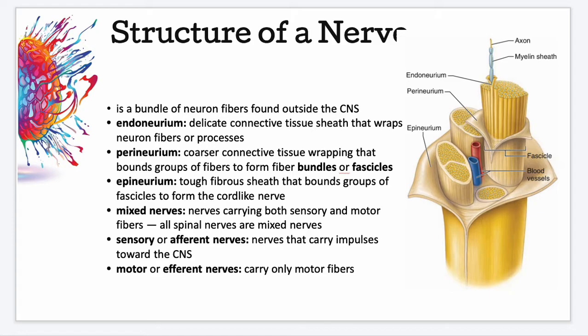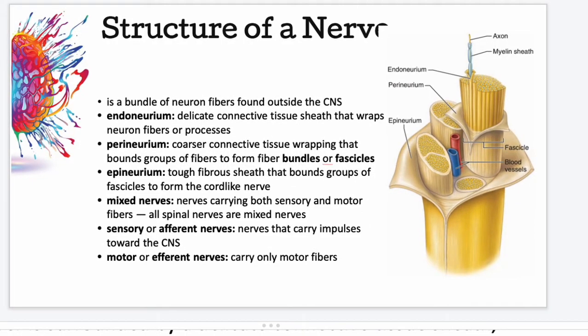Within a nerve, neuron fibers or processes are wrapped in protective connective tissue coverings. Each fiber is surrounded by a delicate connective tissue sheath called the endoneurium. Groups of fibers are bound by a coarser connective tissue wrapping, the perineurium, to form fiber bundles or fascicles. Finally, all the fascicles are bound together by a tough fibrous sheath called the epineurium to form the cord-like nerve.